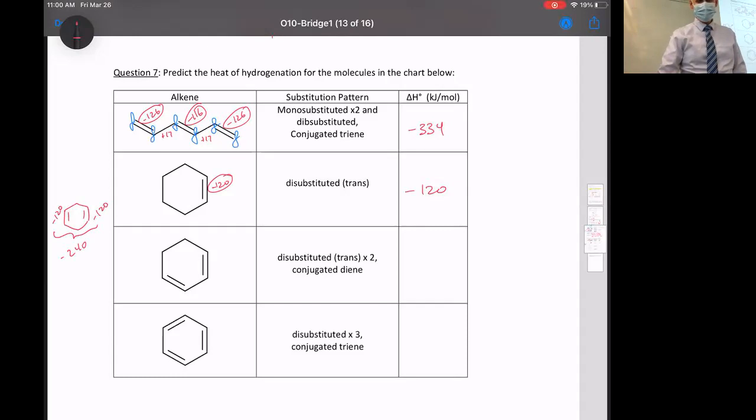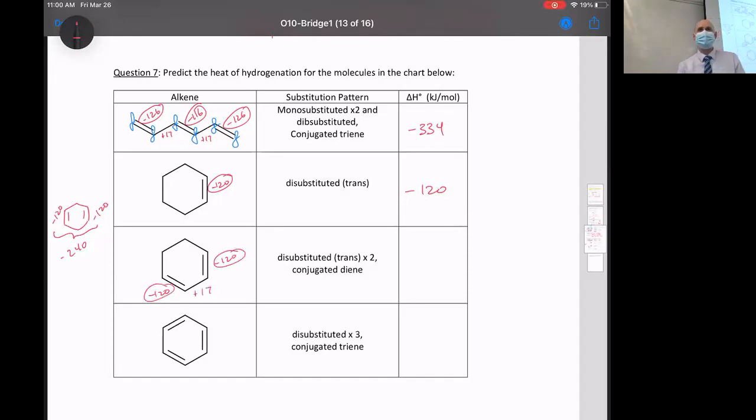All right, so Chase, let's do this one. So as opposed to our isolated diene, now we do have conjugation again, right? So what would you expect for this one? All right, so we get a negative 120 and a negative 120. But then you're basically looking at making it more stable.